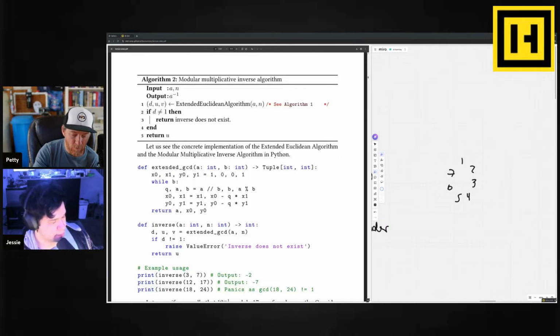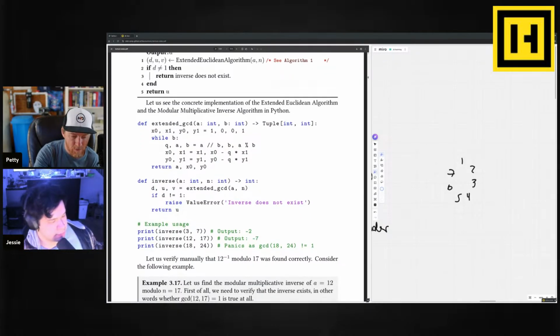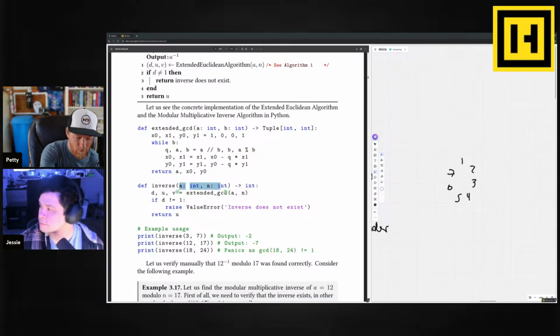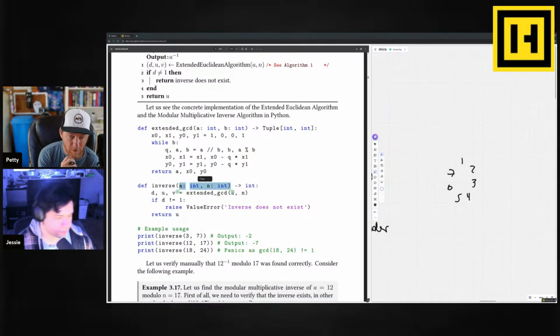Maybe we can write this out in a little bit when we get to the exercises. So extended greatest common divisor, we need that in order to do the inverse. If you're trying to find the inverse of A and N, you first find the extended greatest common divisor of those two things.